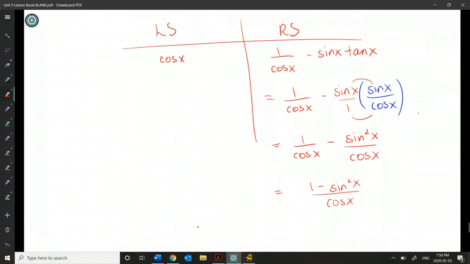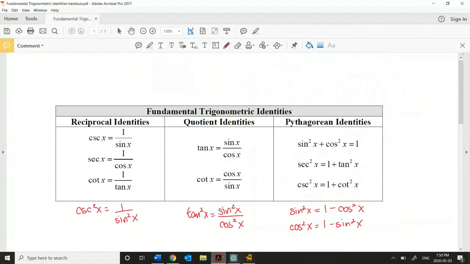And I'm also always looking here to see where I'm headed. So I can see on the left side that I want to end up with just a single cos x. So that tells me that I'm probably going to have to do something with this 1 minus sine squared x to be able to cancel out with this cos x on the bottom. So if we look back at our trig identity sheet, we should notice that we do have a rearranged Pythagorean identity that says 1 minus sine squared x is actually equal to cos squared x.